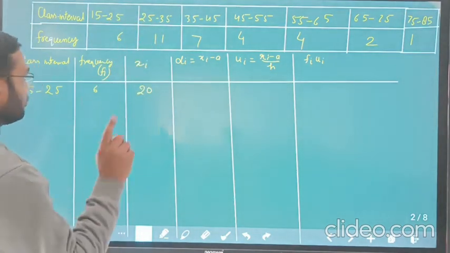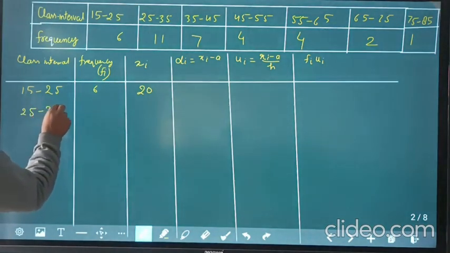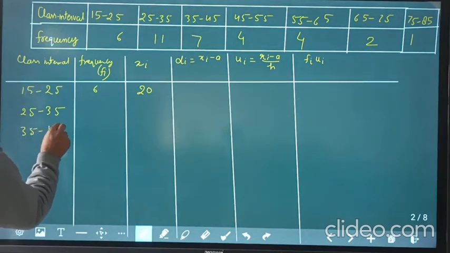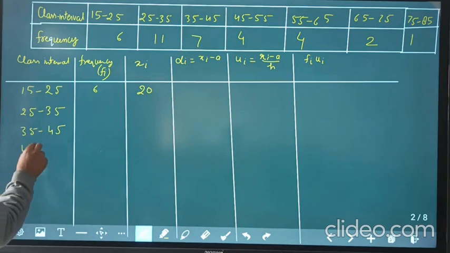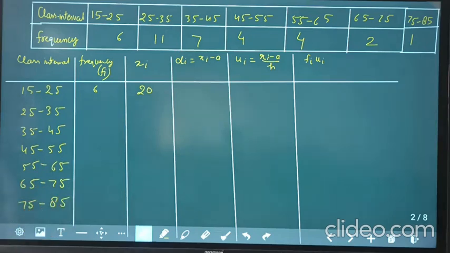25 to 35, 35 to 45, 45 to 55, 55 to 65, 65 to 75, and the last one is 75 to 85.